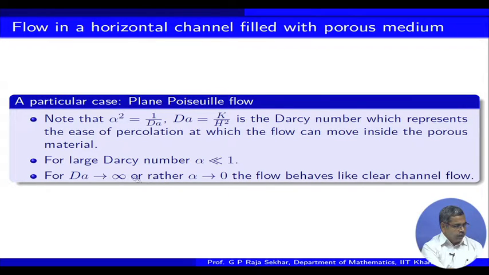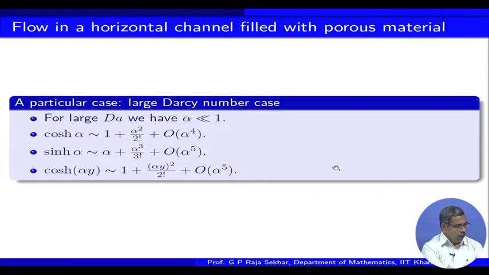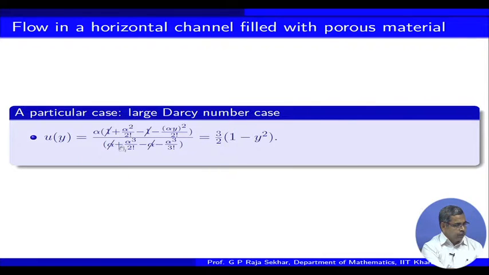This one can verify. The solution contains some hyperbolic functions. For large Da, alpha is much less than 1, so we can do some asymptotic analysis and consider this approximation. These are the hyperbolic functions involved in the velocity field. Once we have these approximations, you substitute and consider the corresponding limiting case.